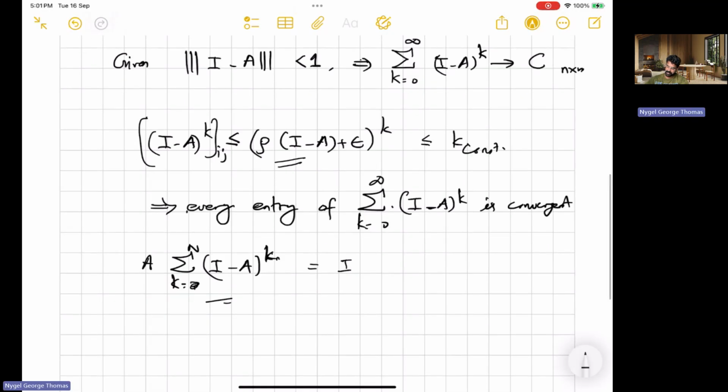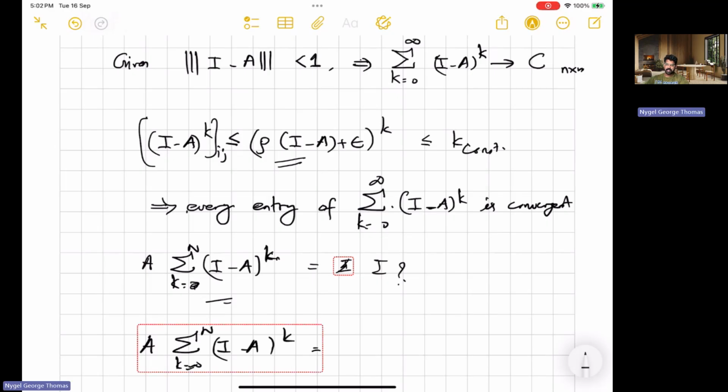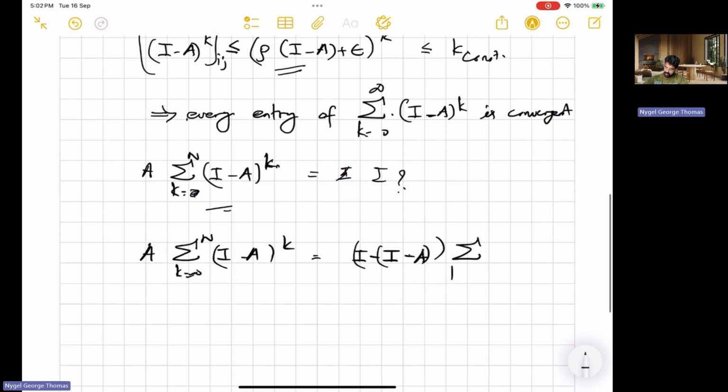So A can be expressed as I minus (I minus A), multiplied by this summation.